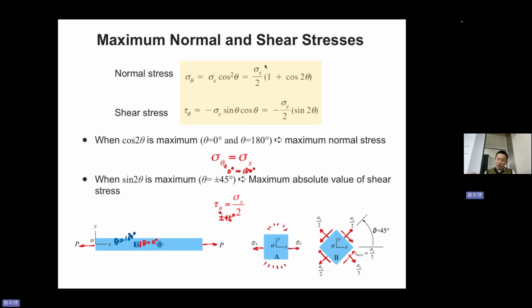there are four main surfaces. This one, 45 degrees. This one, 135 degrees. This one, 135 degrees plus 90. And this one is minus 45. Substitute each of them into these two equations, you can get the components here, and you will find that their shear stresses do come as pairs.